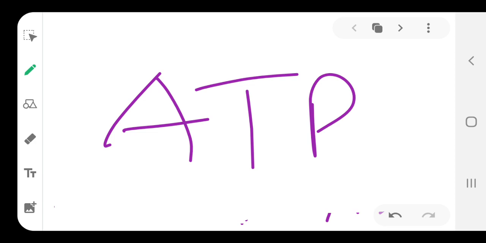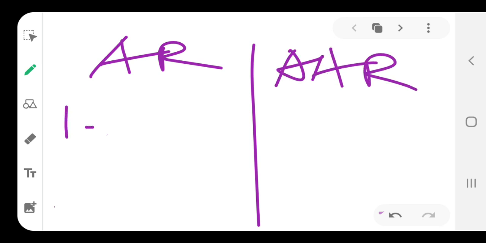Before I wind up this topic of CR or cellular respiration, write down the difference between aerobic and anaerobic respiration. Write it in the format that we normally use. Draw a table, and write aerobic respiration on one side and anaerobic respiration on the other side. For aerobic respiration, write the first point: it takes place in the presence of oxygen.